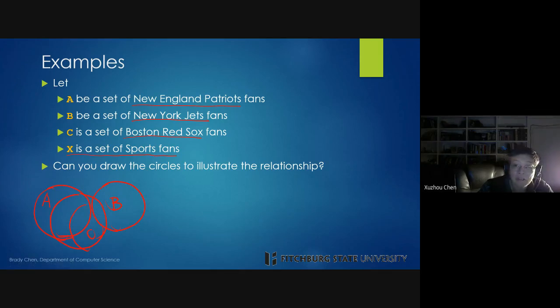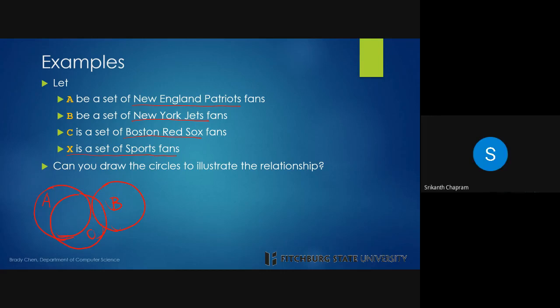Now, what about X? X is a big circle. A, B, and C fall inside X. X is going to be something like this, right?